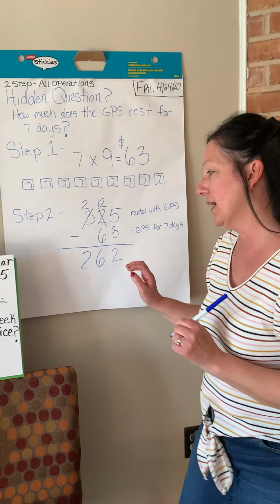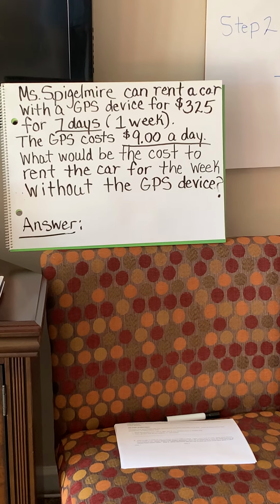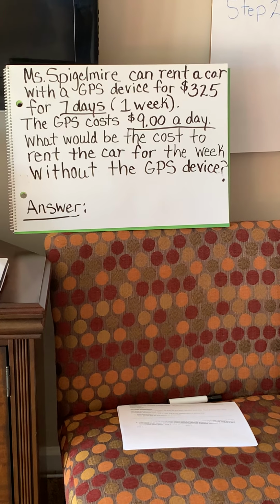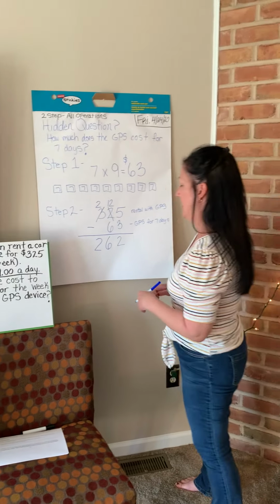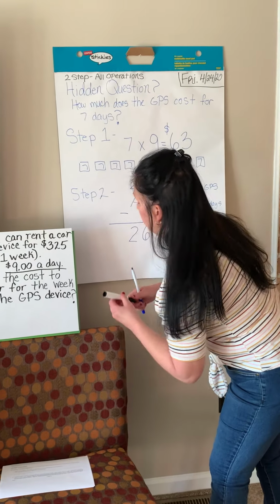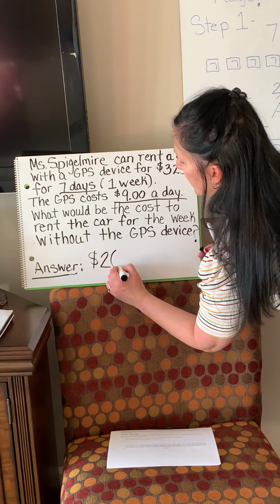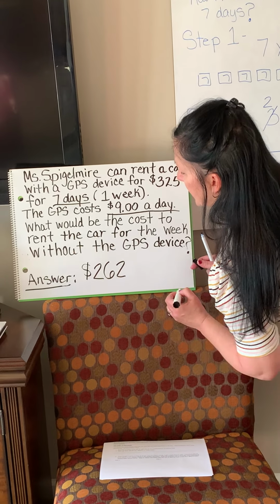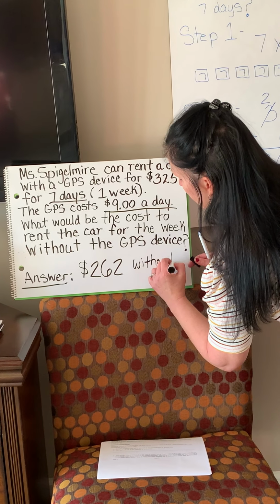So let's go back and look at the question. What would be the cost to rent the car for the week without the GPS device? The answer would be $262 without the GPS.